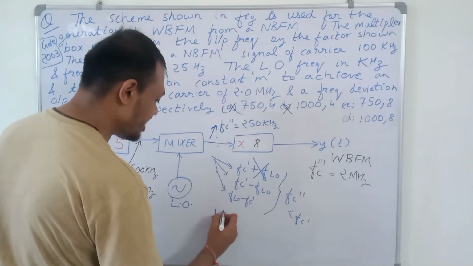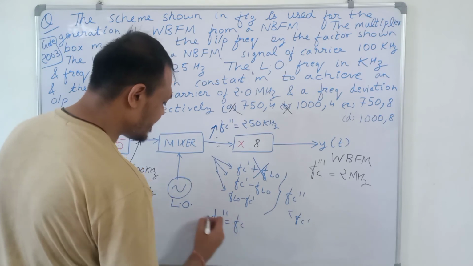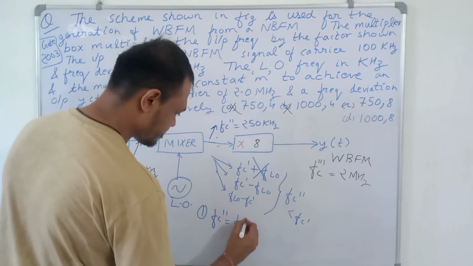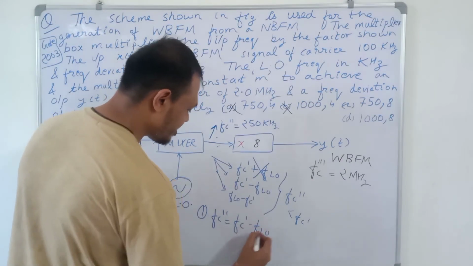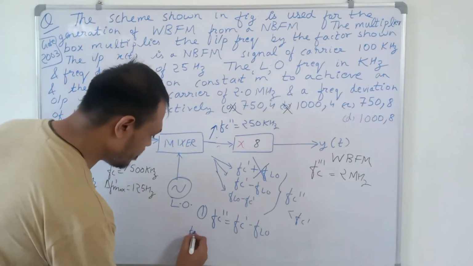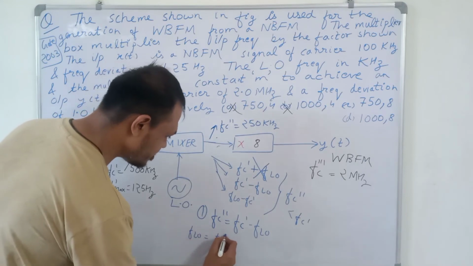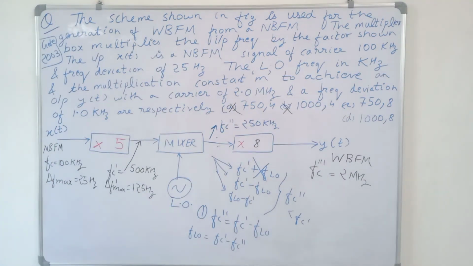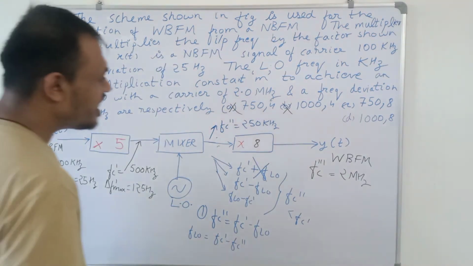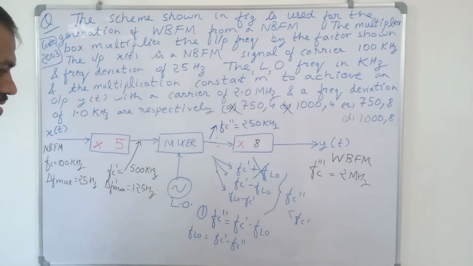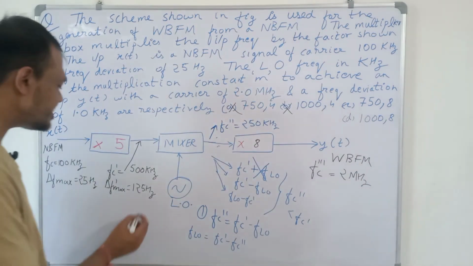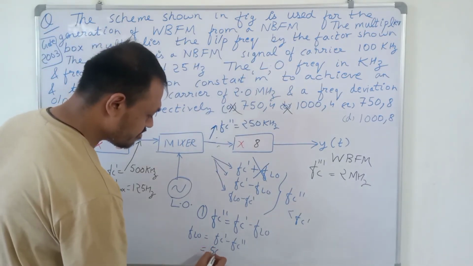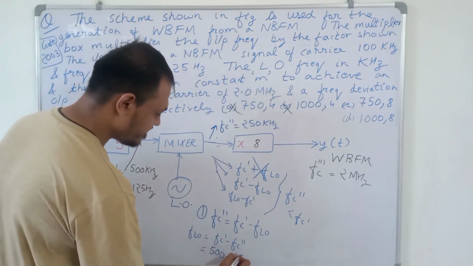First we take fc double dash equal to fc dash minus local oscillator frequency. So this gives FLO equal to fc dash minus fc double dash. fc dash is 500 kilohertz, so 500 minus 250.